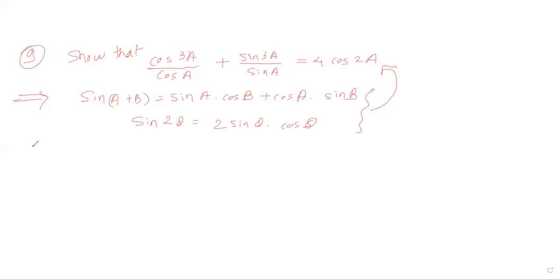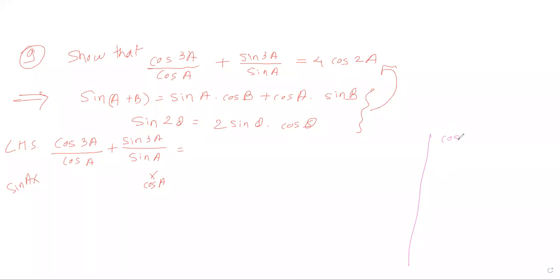Okay, now see left hand side is cos 3A upon cos A plus sin 3A upon sin A. Now here is a fraction, so multiplying by sin A, and here multiply by cos A. Okay, I will solve here.